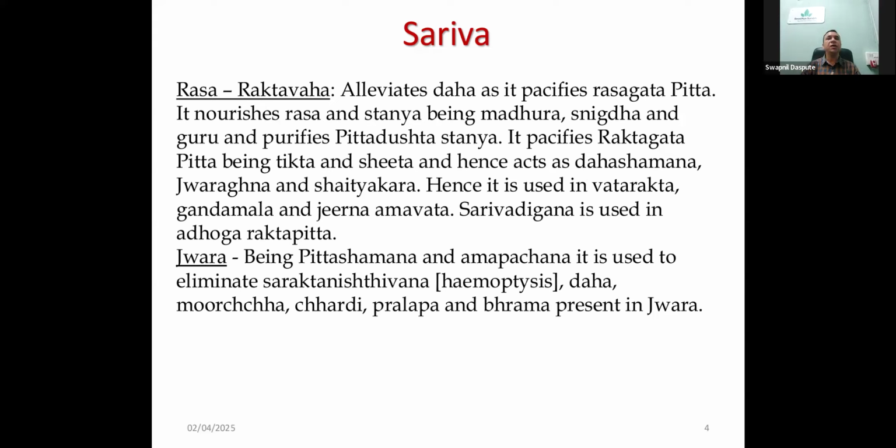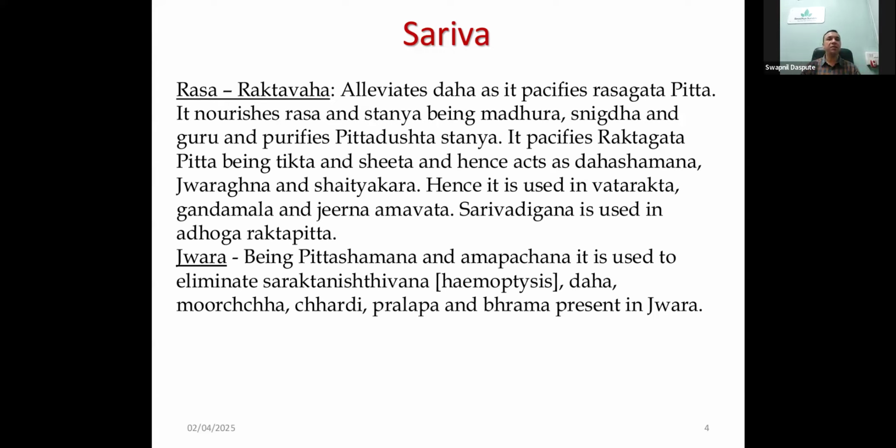Hence, it is used in Vatarakta, Gandamala and Jirna Amavata. Gandamala is something we have not discussed before, so I will explain. Gandamala is lymphadenitis, the swelling of lymph nodes. Mala is garland, basically.